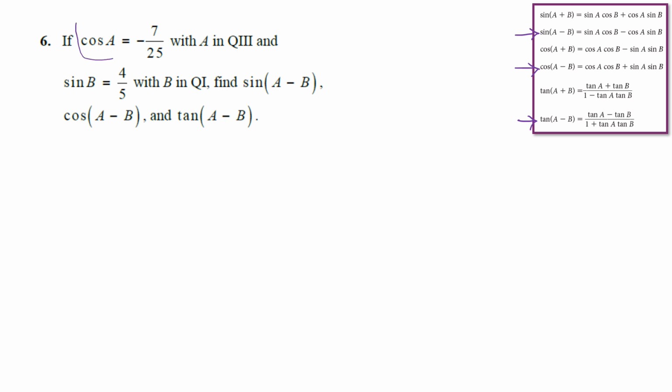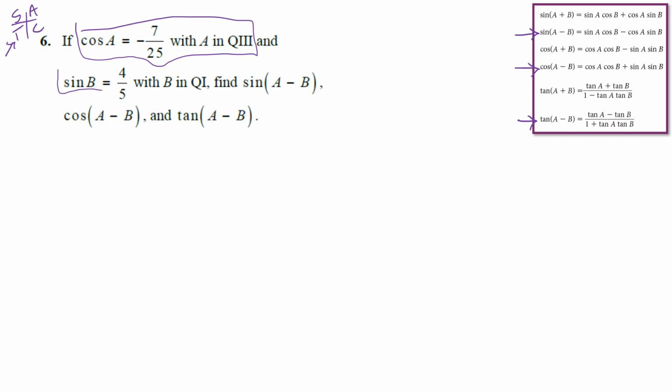Okay? So in our problem, we know we're dealing with two angles A and B. We know the cosine of A is -7 over 25 with A in quadrant 3. So using our memory here, all students take calculus. In quadrant 3, only tangent is positive, which is why cosine is negative. Then sine of B equals 4 over 5.